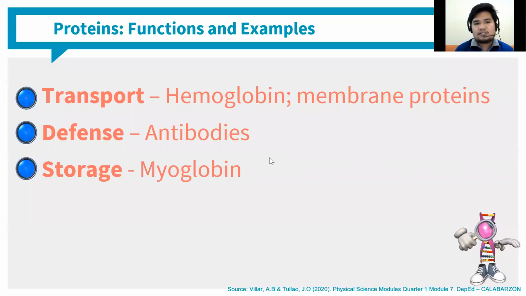Proteins could act as transport proteins, no? For example, hemoglobin. It could also act as defense proteins such as the case of antibodies, and storage proteins such as myoglobin. What is the difference between hemoglobin and myoglobin? Balikan natin yung grade 9 or grade 10 science nyo. 'Di ba? Hemoglobin ang dahilan bakit mapula ang red blood cell. Kasi meron siyang iron. Okay?